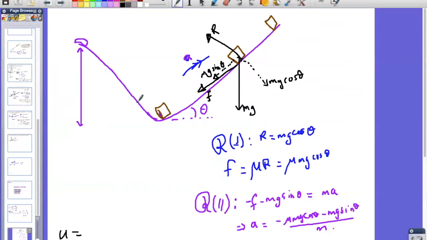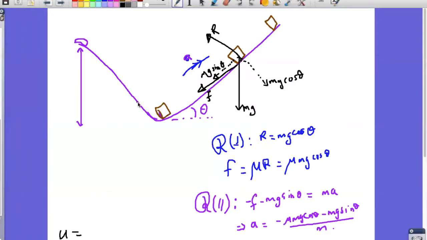Now, in some cases, you will be asked the question, when this object arrives at the maximum point, to determine whether it stays here or it slides back down. Does it slide back down or does it stay there? How do you analyze such a case?